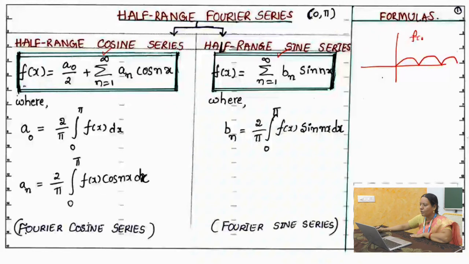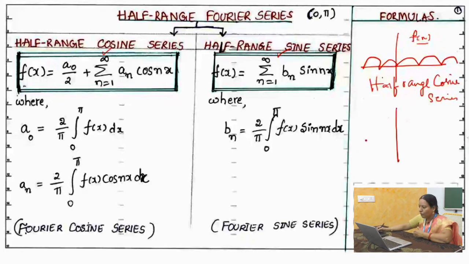Since it is a periodic function, if you want to extend your function f of x as even, that is an even periodic extension, then you get an even function, and then we get the half-range cosine series.